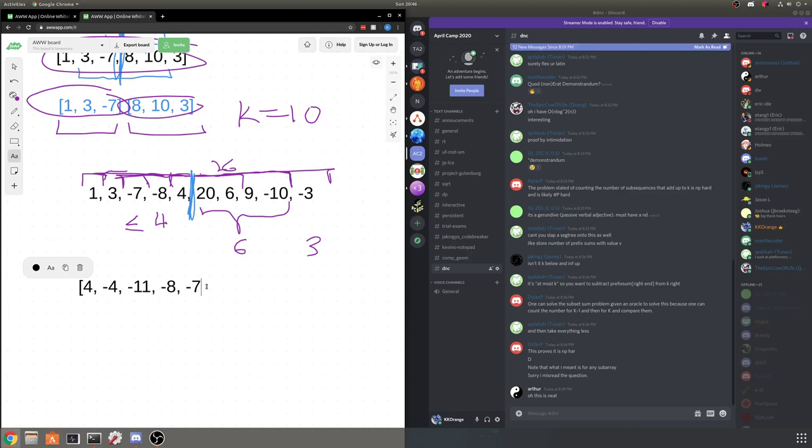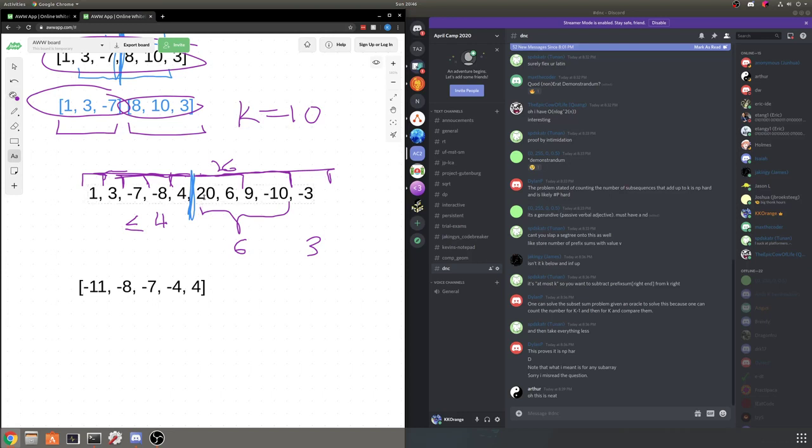And this is really annoying because they're not in sorted order, so we can sort them. So we get something like -11, -8, -7, 4. So we can sort all of these suffixes, and this makes it a lot easier to query over.